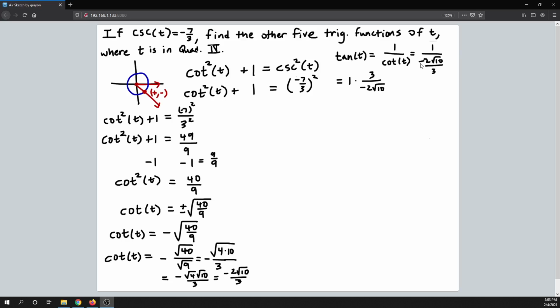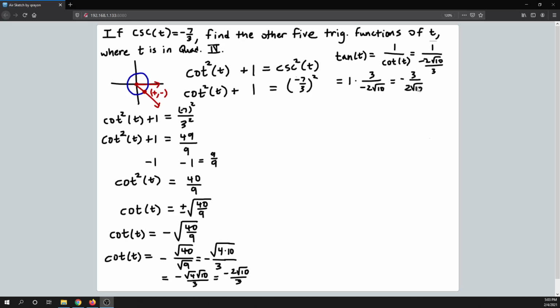So 1 divided by minus 2 square roots of 10 over 3 is the same as 1 times 3 divided by minus 2 square roots of 10. And so I get minus 3 over 2 square roots of 10.